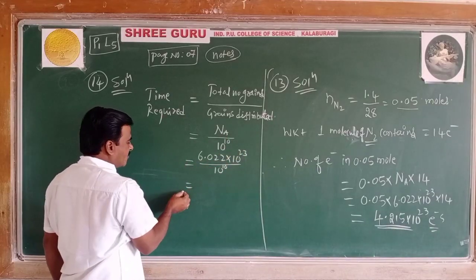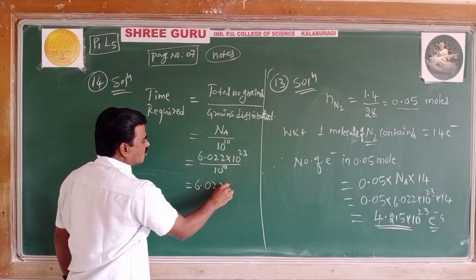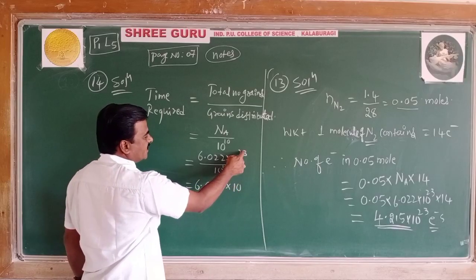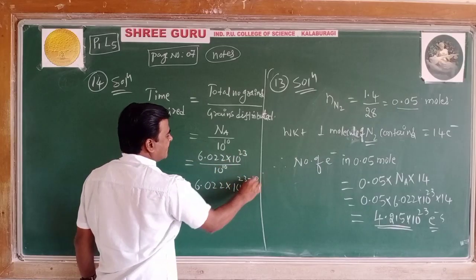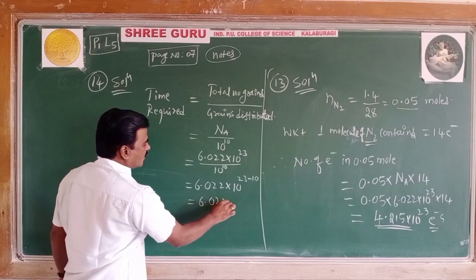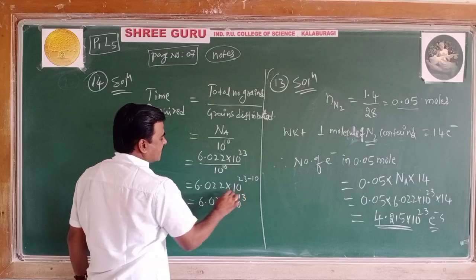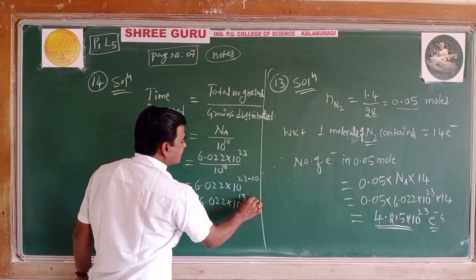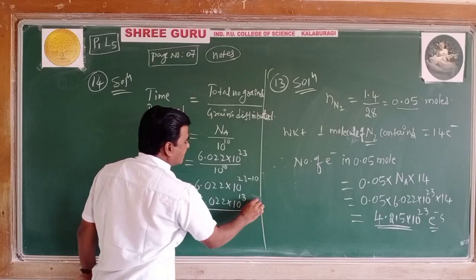Therefore, time required, what you get is 6.022 into 10 to the power 23 minus 10, which is 6.022 into 10 to the power 13 seconds.